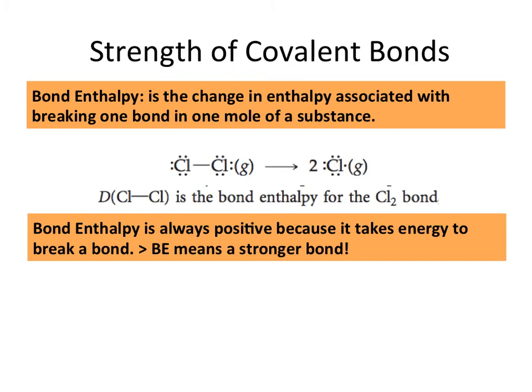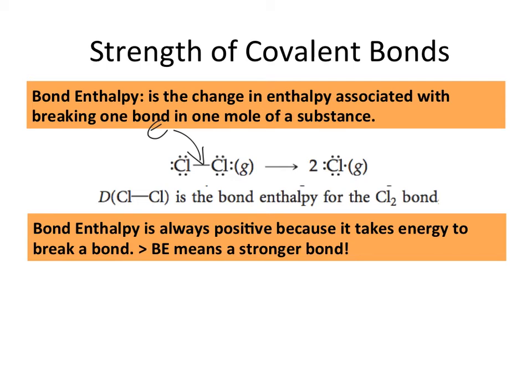When we look at this, we're always going to notice that bond enthalpy is always positive. The reason is that we always have to put energy in to get the bonds to break. Remember, bonds form so that everything can be stable, so we can lower the overall energy of atoms.